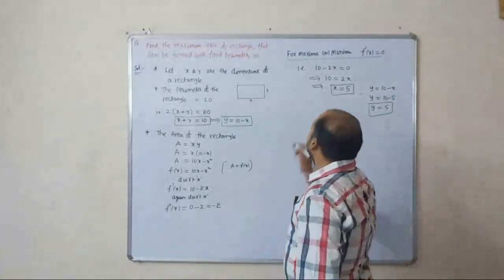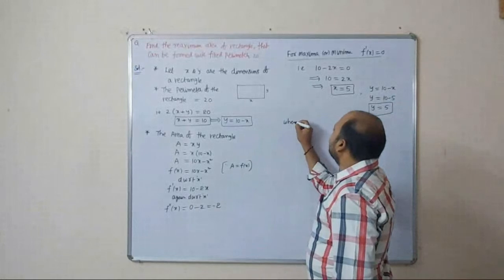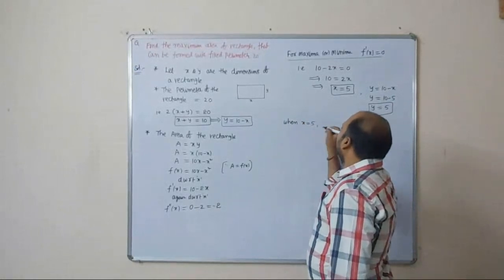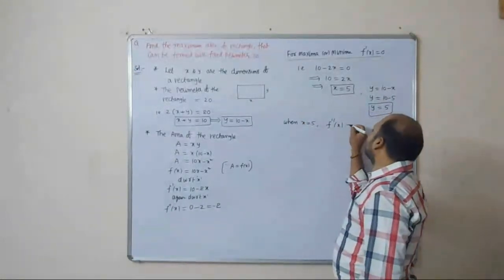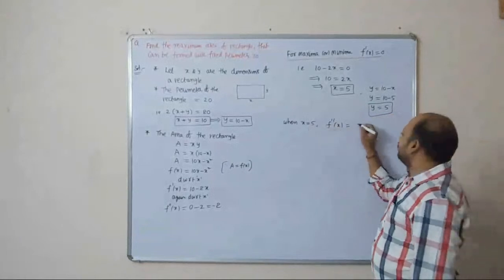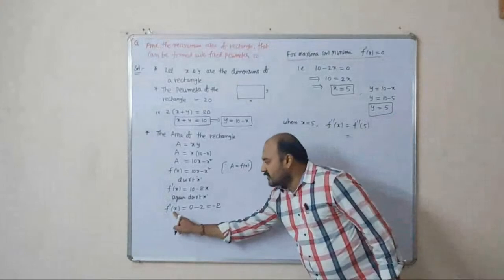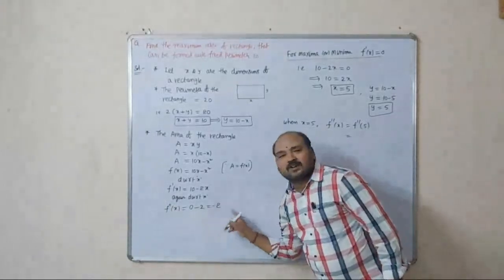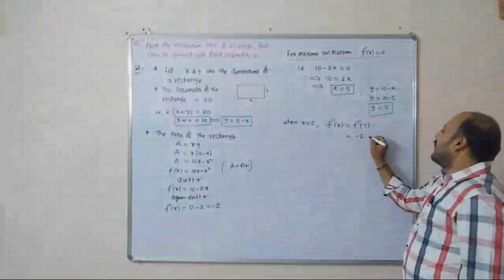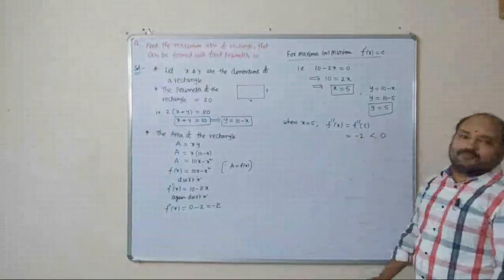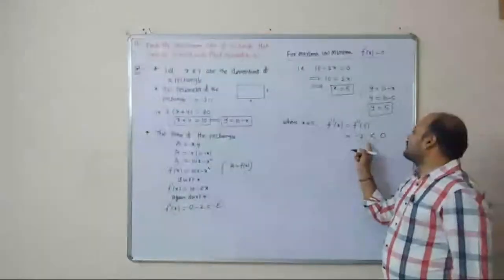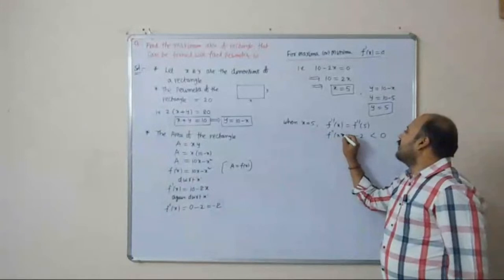Now I am going to verify when x is equal to 5, f double dash of x. In place of x substitute 5. f double dash of 5, in place of x substitute 5. See, constant is constant only. So minus 2. Minus 2 is less than 0. Whenever f double dash of x is less than 0, f of x is what?